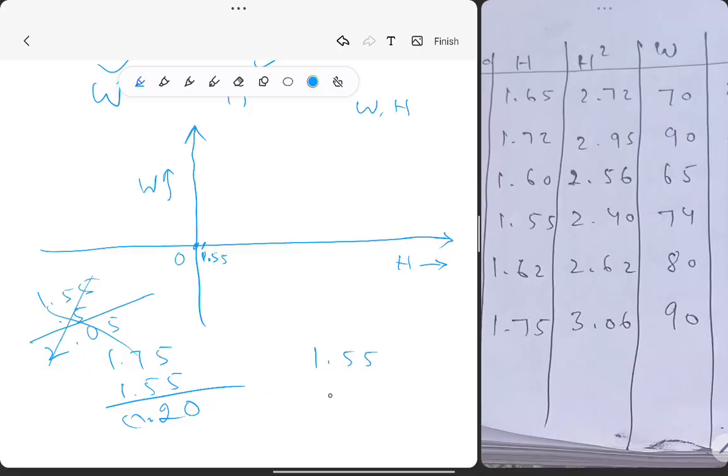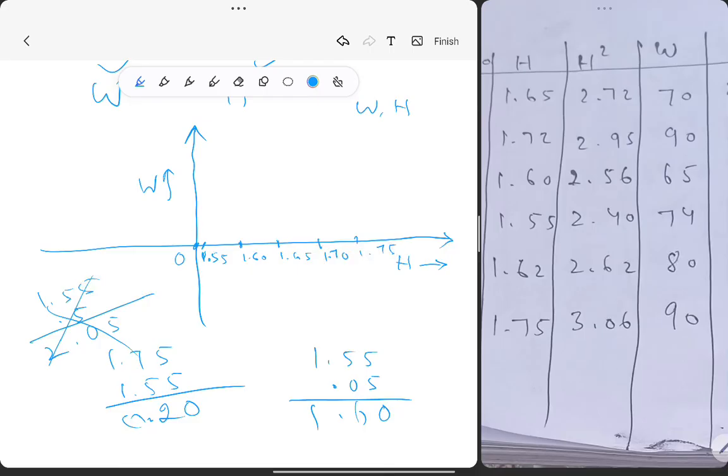To 1.55, I will add 0.05. Then we will reach 5 5 10, 5 plus 1 is 6. That is 1.60. This 1.55, 1.60, 1.65, then 1.70, 1.75. That is the last.